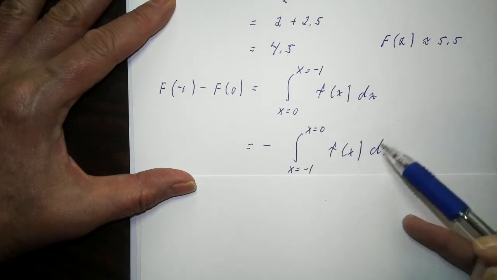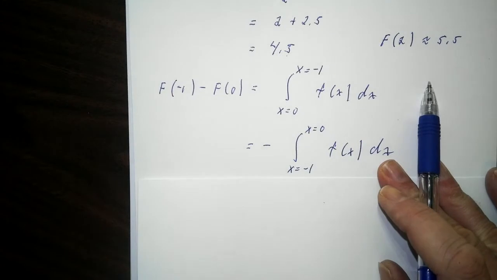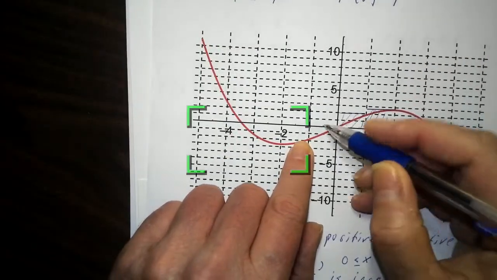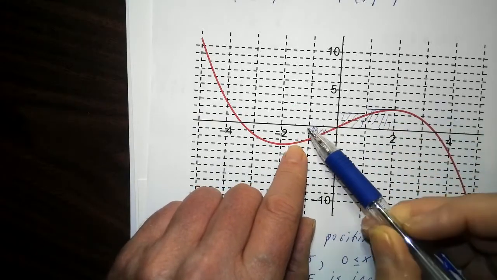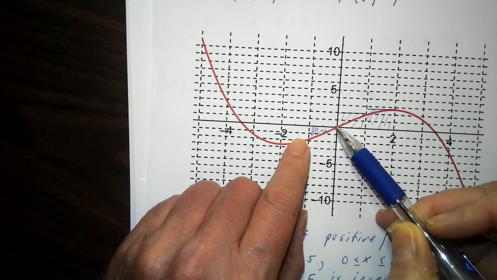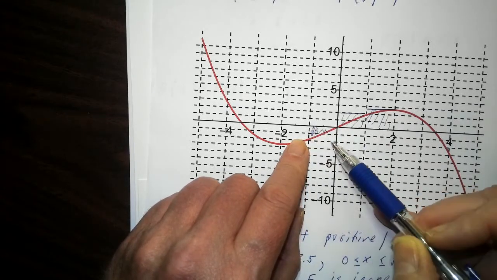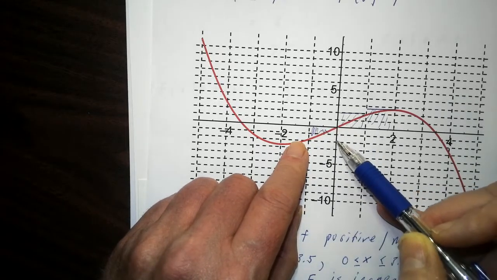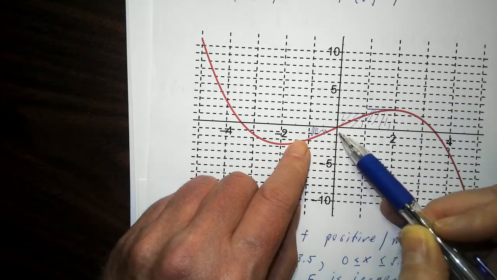Now let's estimate this integral from negative 1 to 0 of f of x. So that's an estimate trying to estimate that area right there from minus 1 up to 0. That's a negative signed area. It looks to me like it's almost half the area of this rectangle. So that's a 1, that's a 2. So the positive area of this rectangle would be 2.